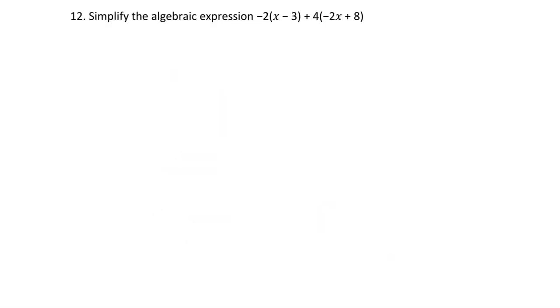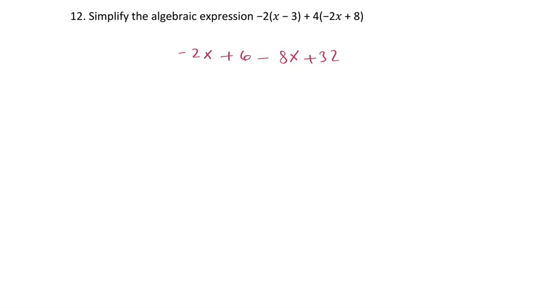Question number 12. Simplify the algebraic expression -2(x minus 3) plus 4(-2x plus 8). Okay, so for this one, first we are going to start by opening the brackets. Then we have -2x plus 6 minus 8x plus 32.